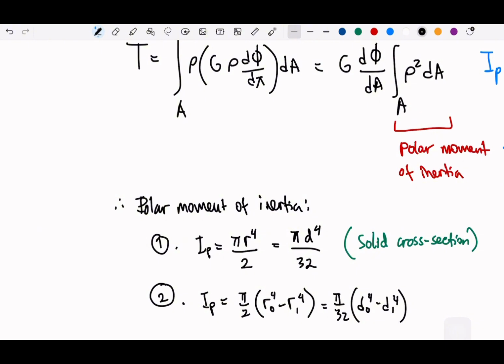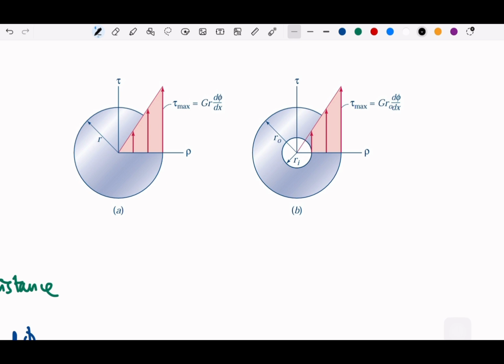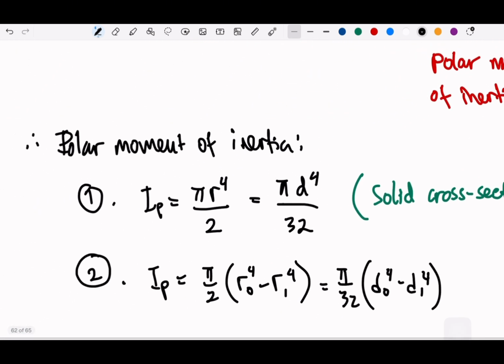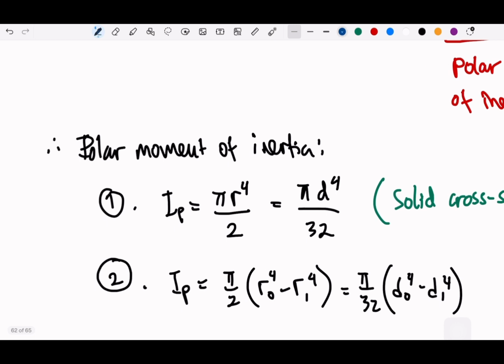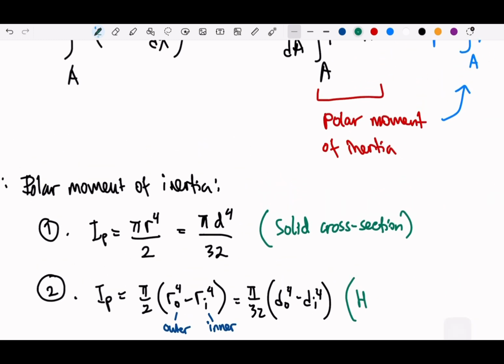Basically it is a subtraction of the r, where O is for the outer radius and I is for the inner. This will be for hollow cross section.